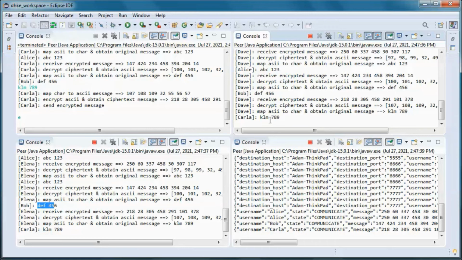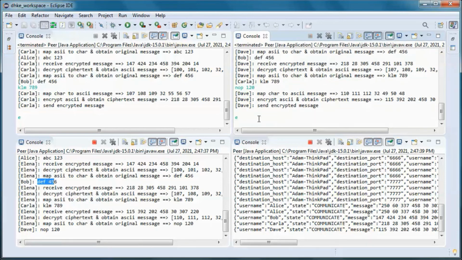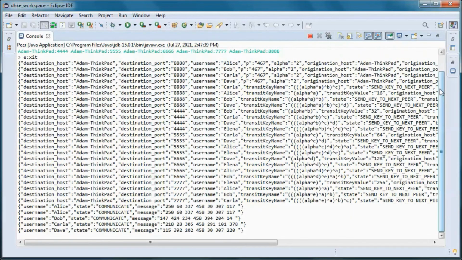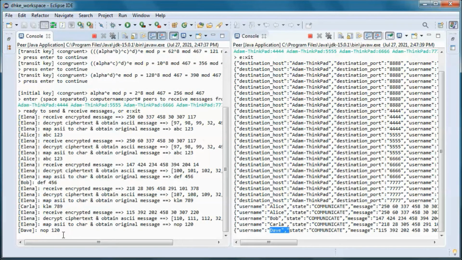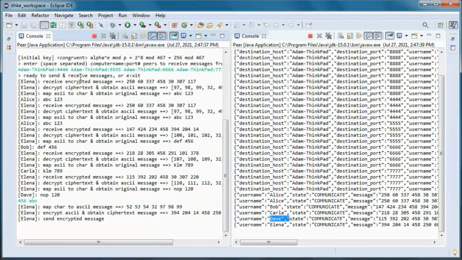The encrypted conversation. So passive Eve here can see all the communications, both communication from Alice and then from Bob, Carla, and Dave. And let's exit.